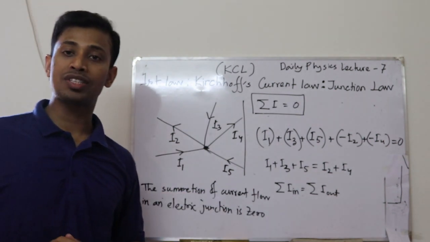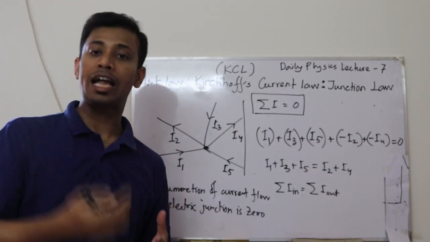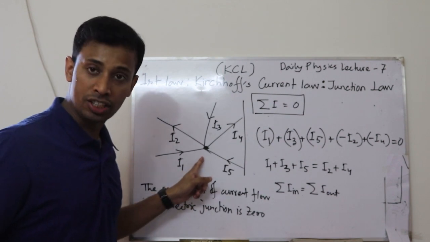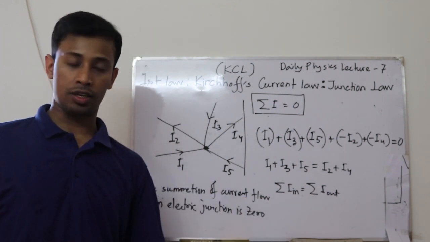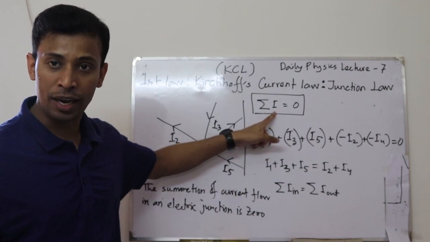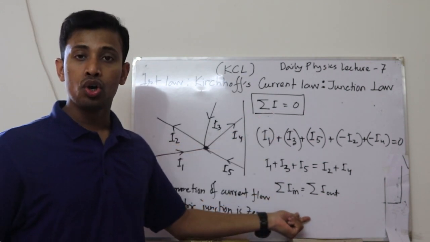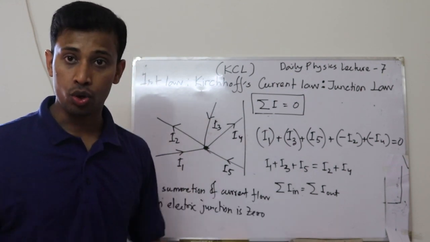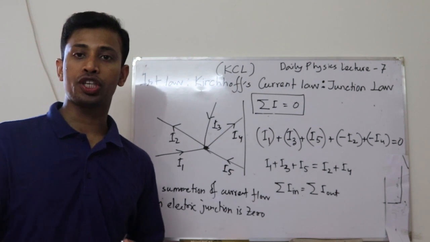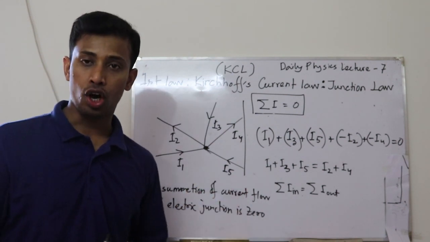So we can also state Kirchhoff's law in another way: in an electric junction the inward current is equal to the outward current. Though this is the mathematical expression, we will solve our problems by using this equation. Okay? So what types of questions will appear from Kirchhoff's law?